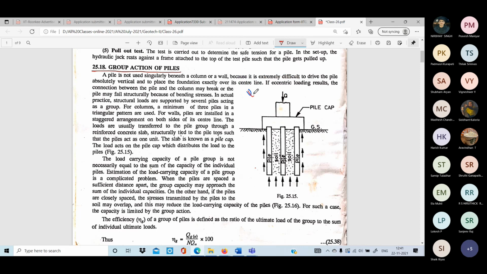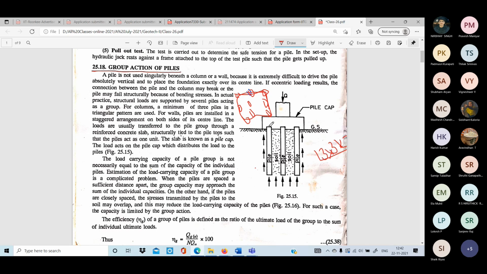We can have one pile, two piles, three piles, like that. We can have one box like that over this cap. This is the plan. Similarly it is drawn, maybe 3 by 3 piles.